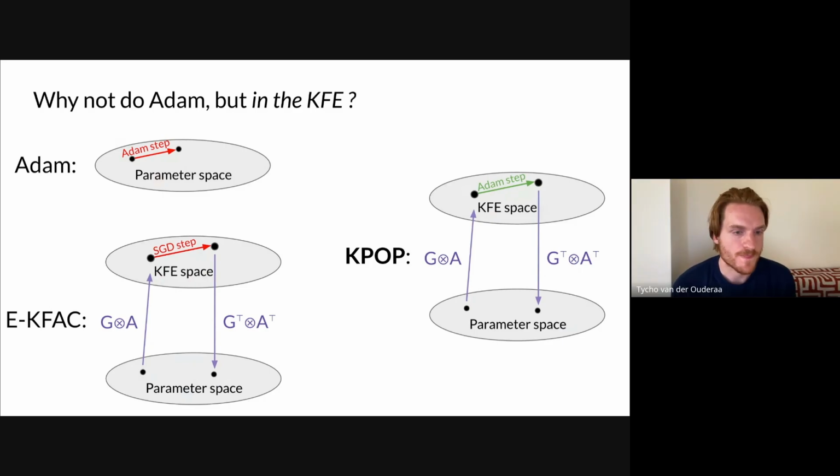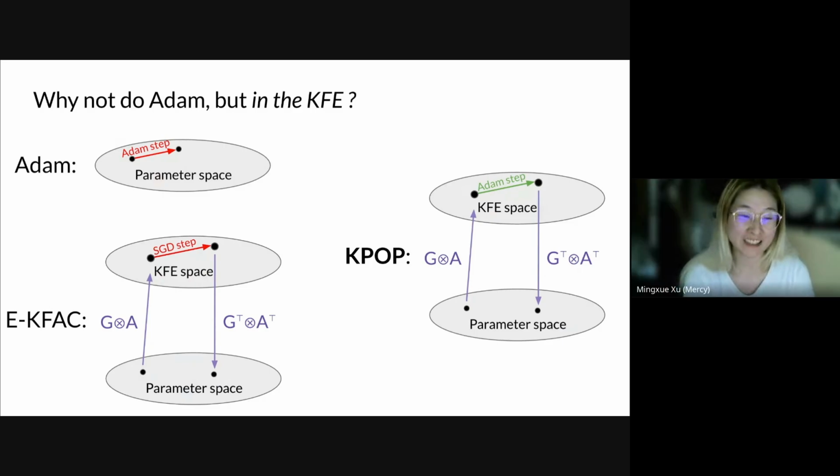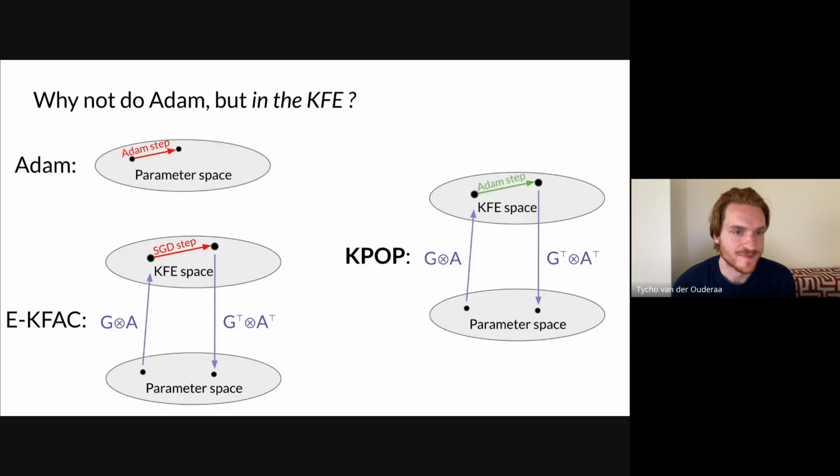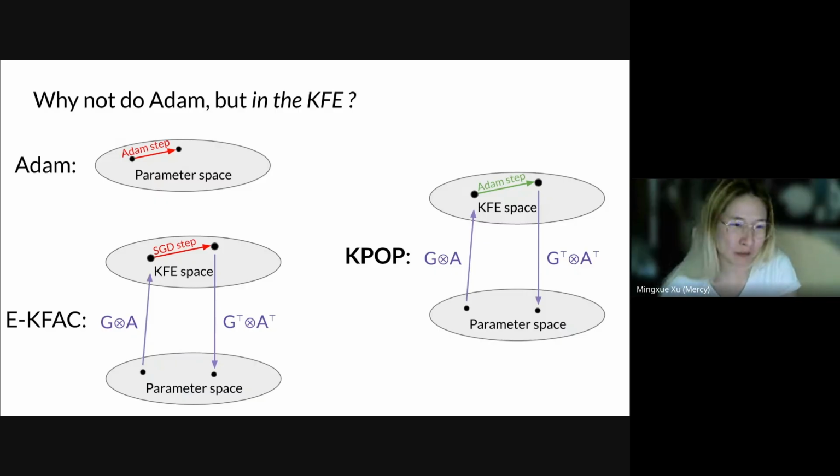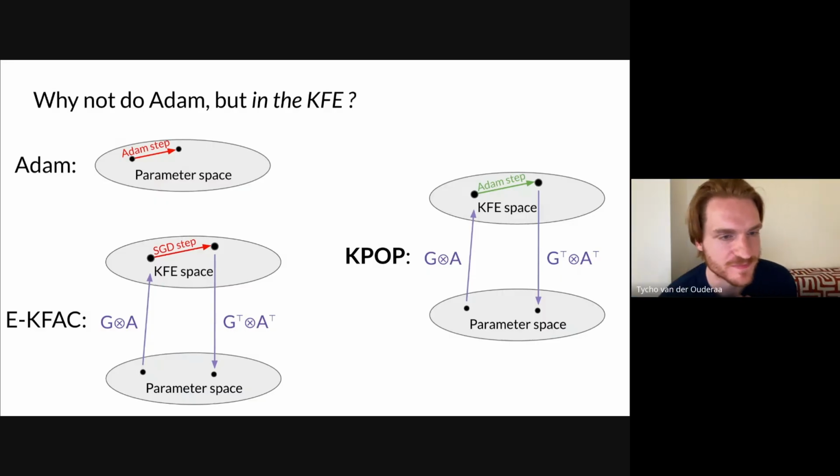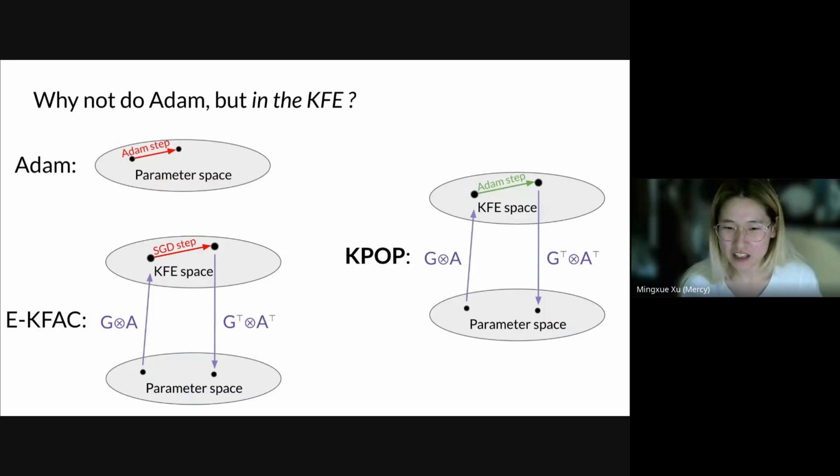So I guess there are only two loops, but maybe equivalent to three loops or something like that. I'm not quite sure about that. What do you mean by loops? The iterations. When you optimize in the parameter space, it is equivalent to optimizing something in the KFE space, I guess.